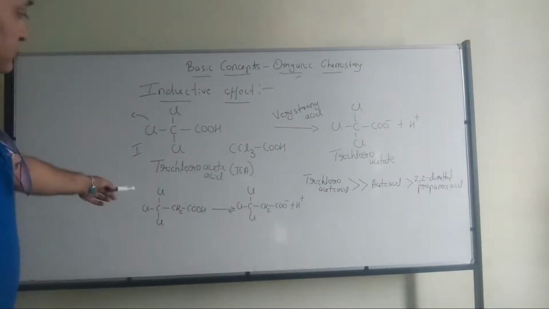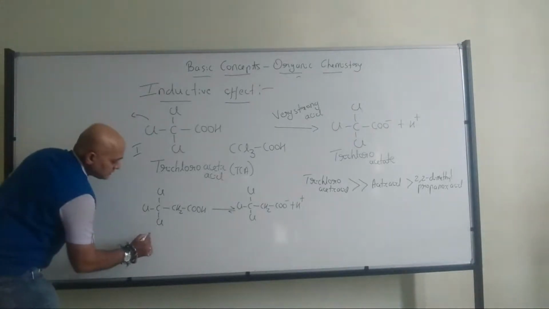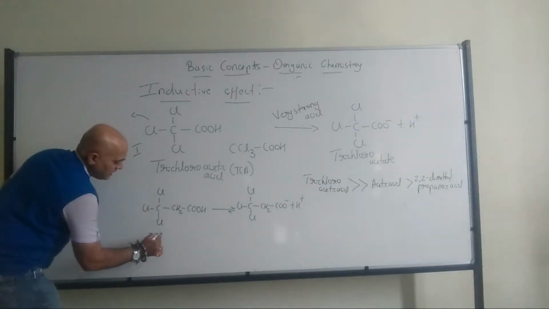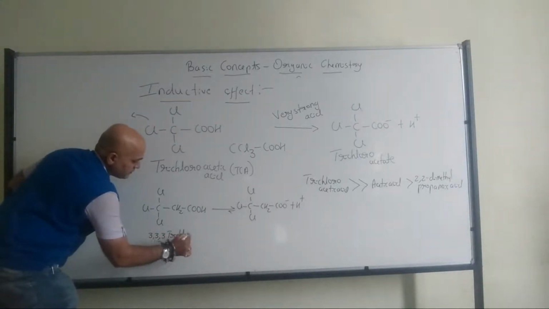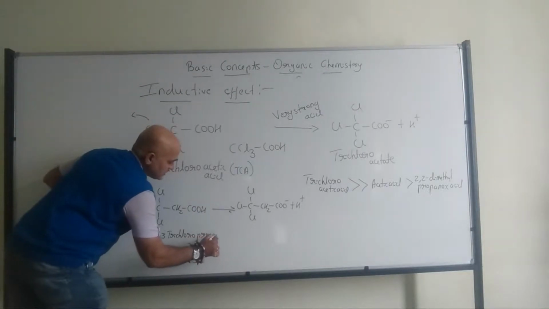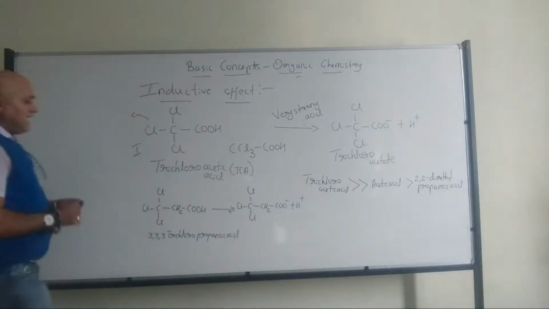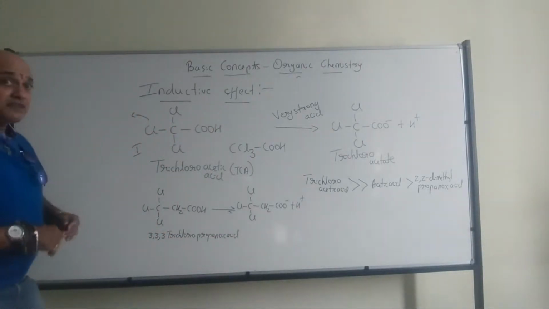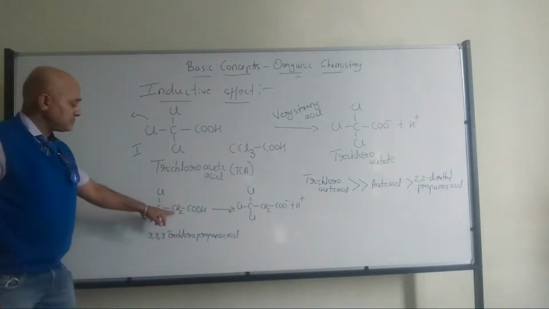Now this molecule I will write as 3,3,3-trichloropropanoic acid. Here we are mentioning the numbers because another methylene group is present.